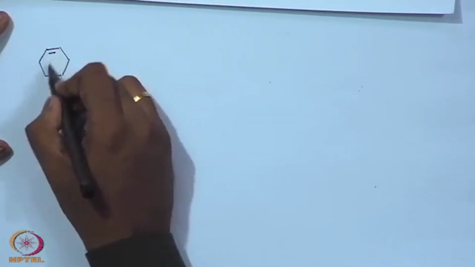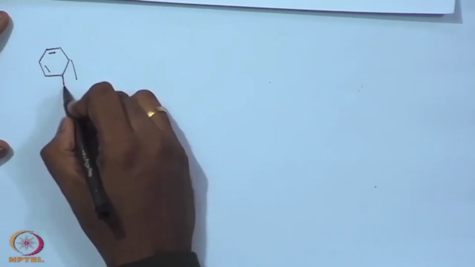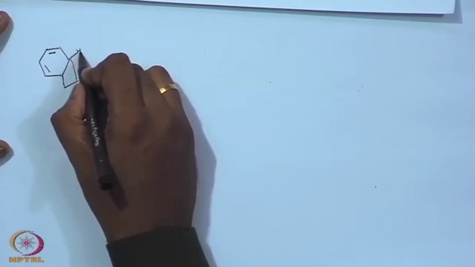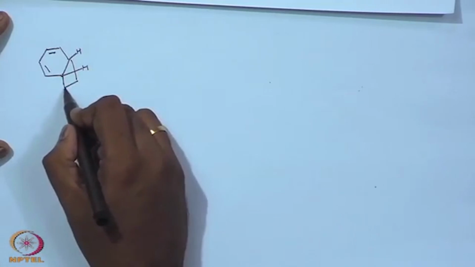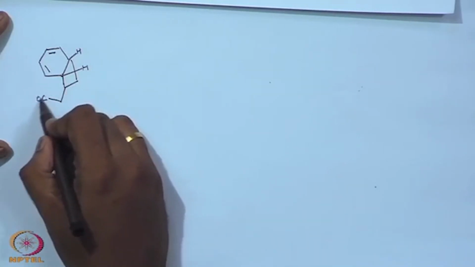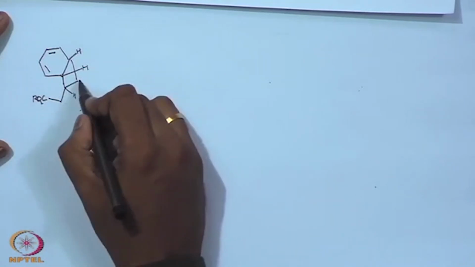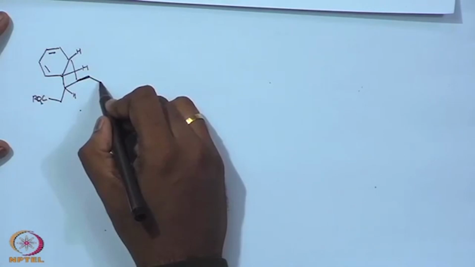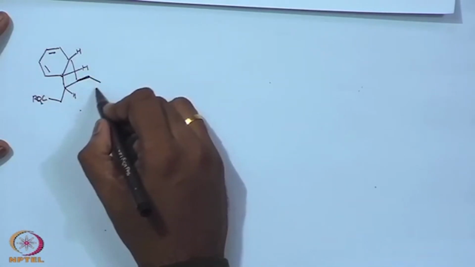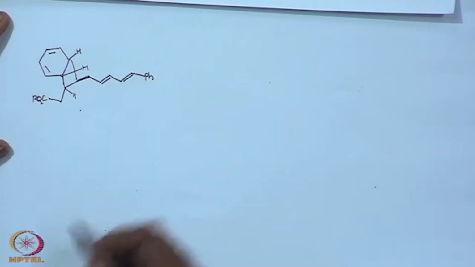Write a separate one for this, so that hydrogen here, CO2R, I have a nitrogen, phenyl here.